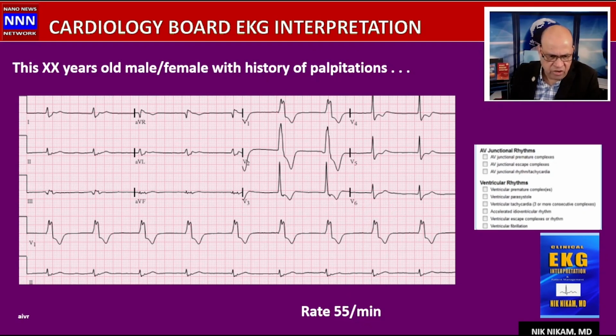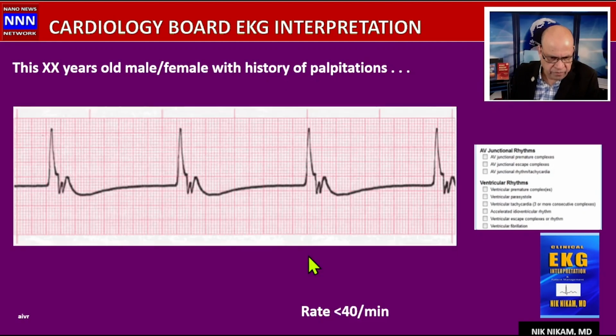Could it be accelerated junctional rhythm? If this were accelerated junctional rhythm, you would have expected the QRS to be narrow unless the patient had an underlying bundle branch block. So I would just quote this as accelerated idioventricular rhythm.